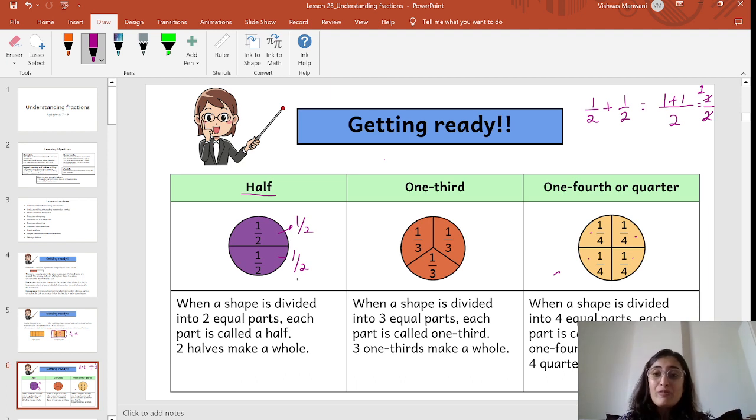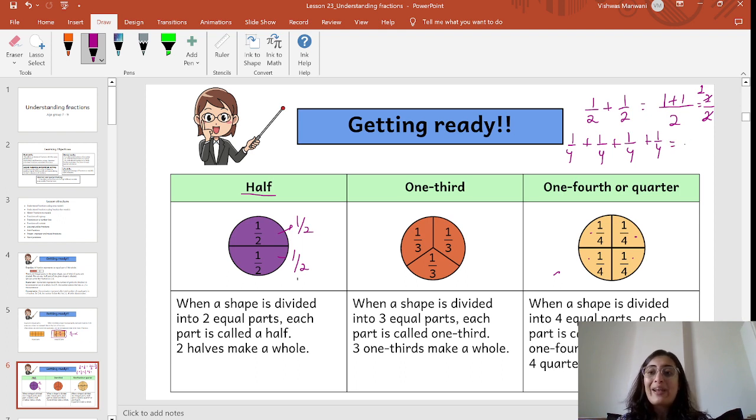To prove my point once more, let's try to add 1/4. Like here in this figure, in the yellow circle you can see it is 1 by 4 plus 1 by 4 plus 1 by 4 plus 1 by 4. Now, when I add these four 1 by 4s, what fraction will I get?